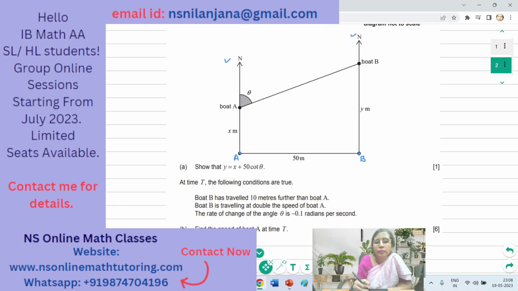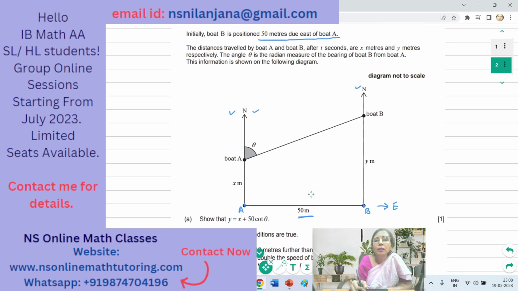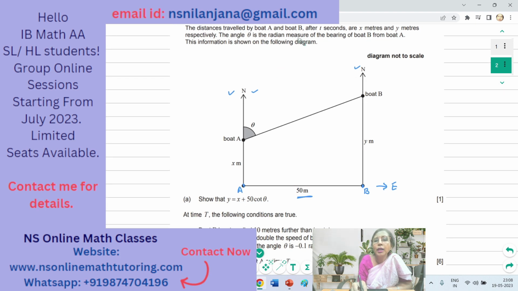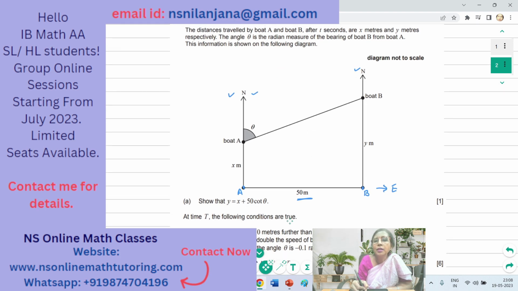So this distance is 50 meters because this is north, this is east. And the distances traveled by boat A and boat B after t seconds are x meters and y meters respectively.